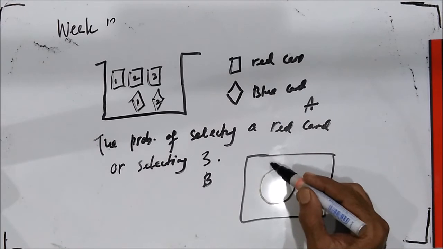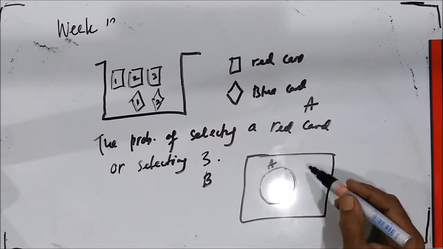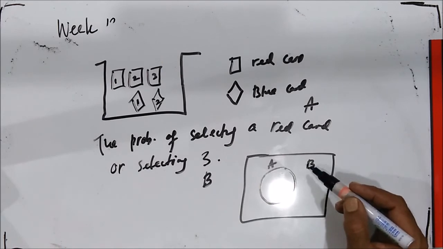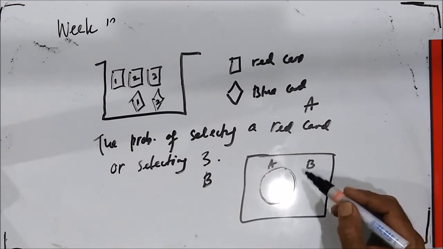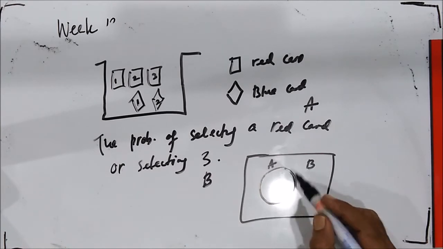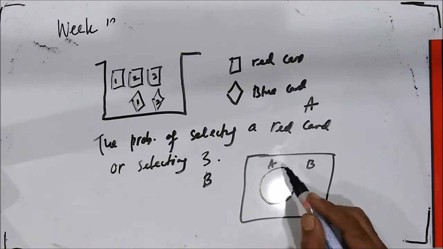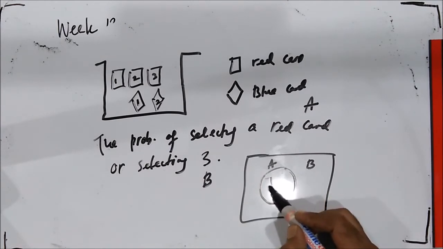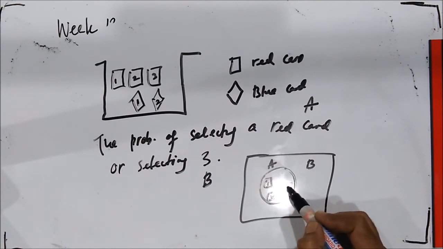So here is A, a red card, and B is number 3. So I have 3 red cards: 1, 2, and 3.